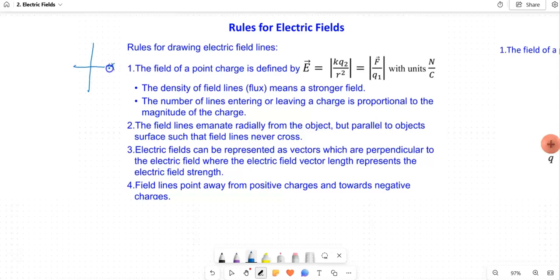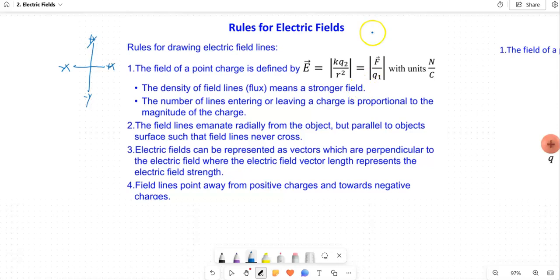So positive x, positive y, negative x, and negative y. And you will have to determine that direction on your own. So the sign of the charge does not necessarily determine the direction of it. That's why we have it in absolute value. You have to artificially kind of add if it's going to the right or to the left, okay? And we'll talk about that.